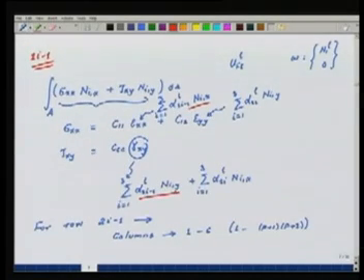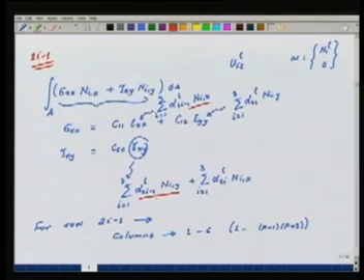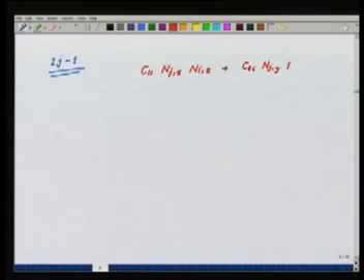Okay, so I will get this as essentially C11 nj,x into ni,x plus C66 nj,y into, if I go back here, I will have ni,y, okay, into ni,y.